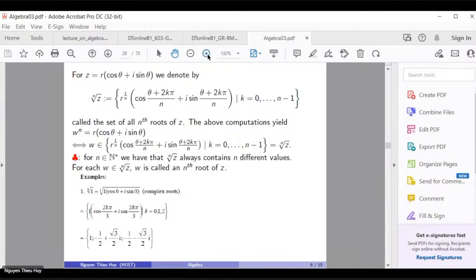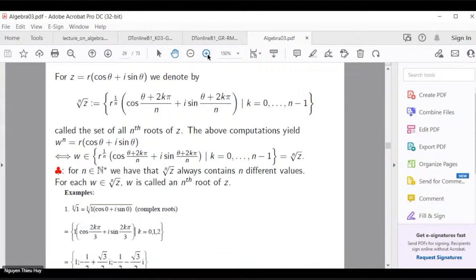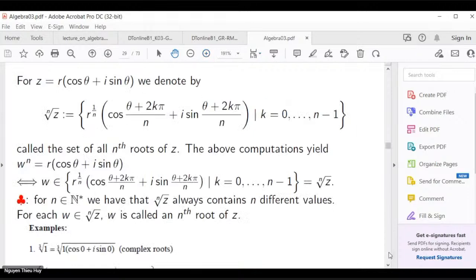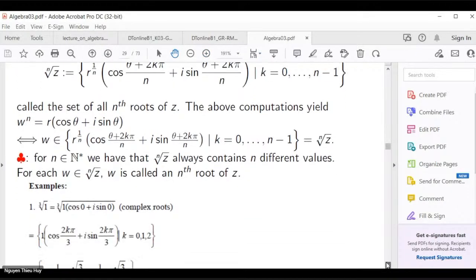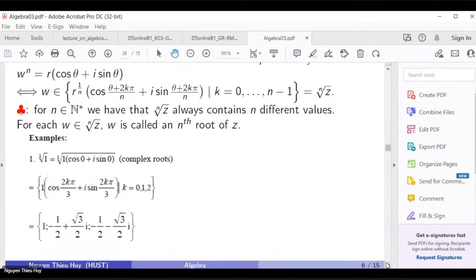Let me raise this a little bit bigger so that you can see it better. Good. So you see, now we are considering the complex third root of 1. Of course, if you consider the real root, then it has only one value, which is 1.